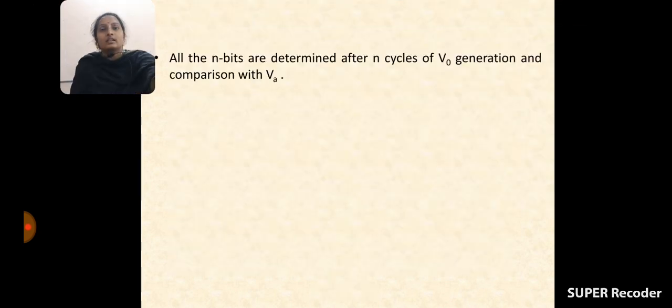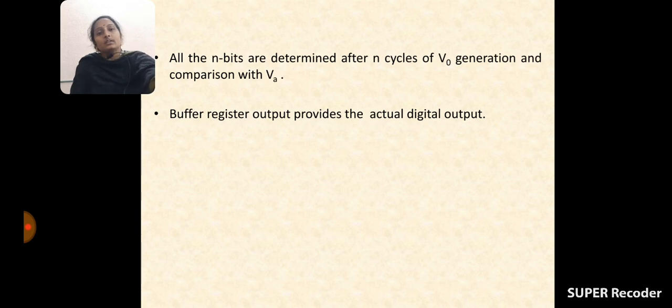All the n bits are determined after n cycles of V0 generation and comparison with VA.